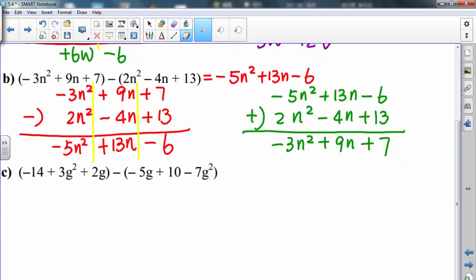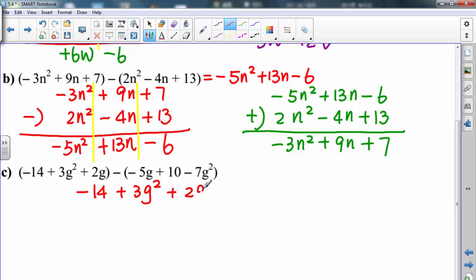Okay, so let's try the last one using the vertical method. Let's write down the first polynomial always. Then minus the second polynomial. When we write out the second polynomial, make sure you align the like terms.